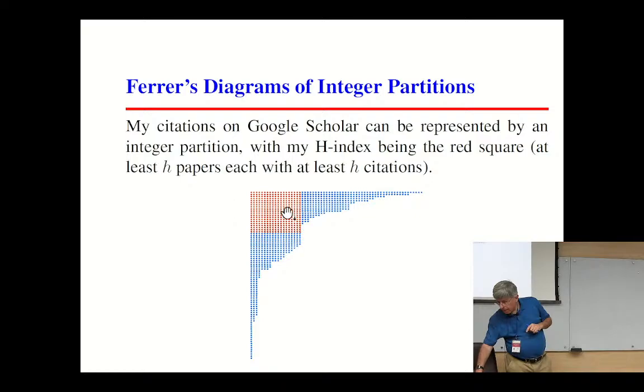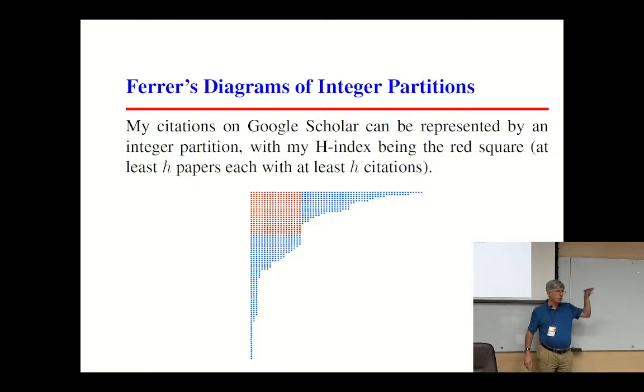If you think about all the papers I've ever written, every row of this partition represents one of my papers, and the columns represent how many times somebody cited my paper in something that they wrote. What's the first row? The first row of dots here is my most heavily cited paper, and the number of dots is how many other papers cited it.